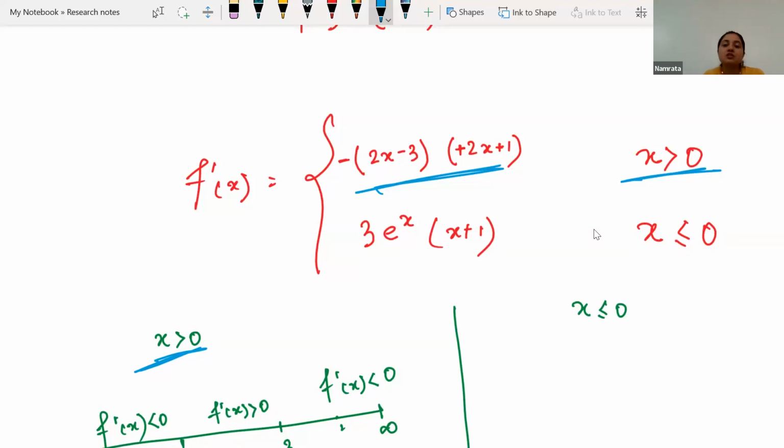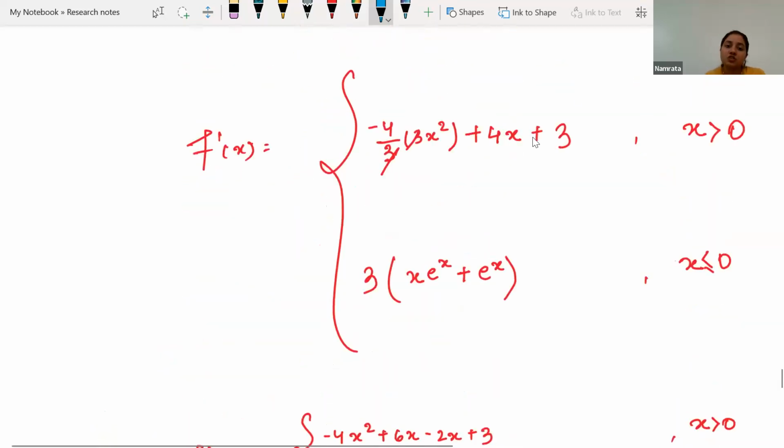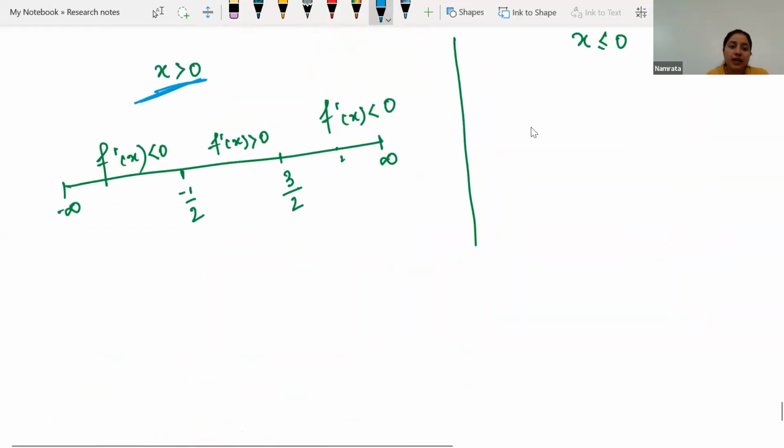We can use the first expression when x is greater than 0. So x has to be greater than 0. If this point is 0, it has to be greater than 0. This is the first and foremost condition which we have to keep in mind when we are using the first expression.